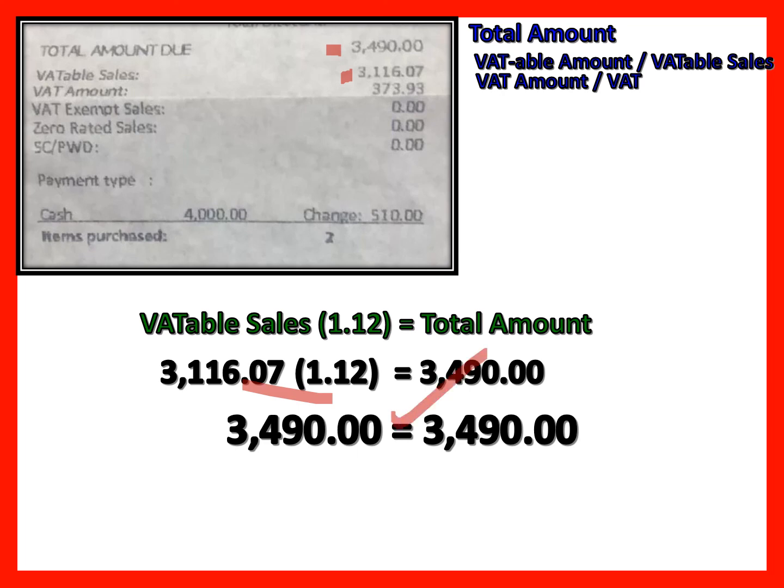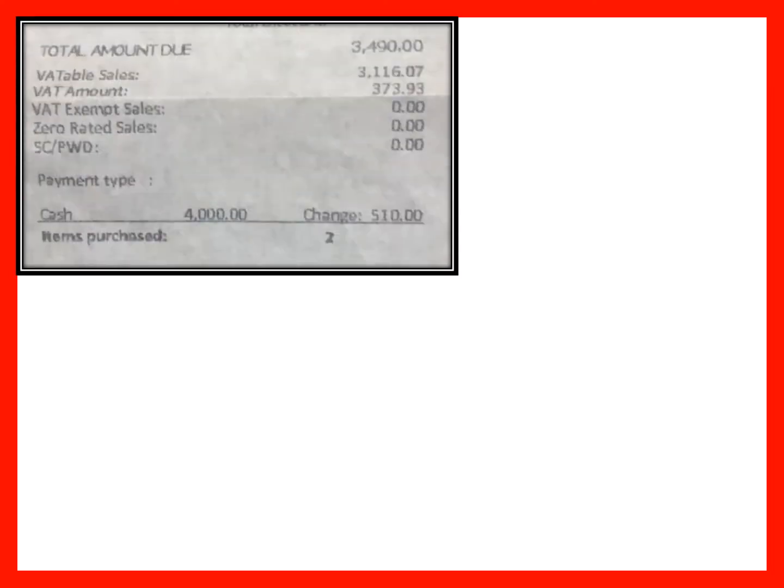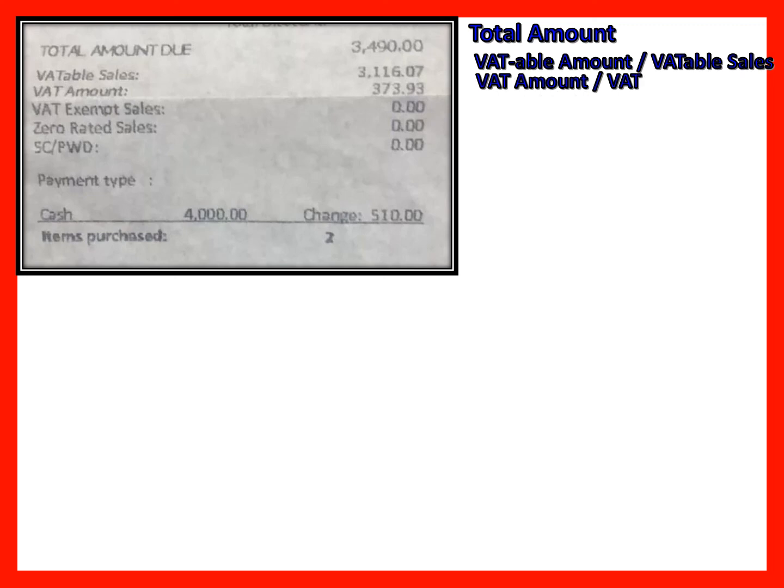Okay? Next, another solution from the same receipt. Again, this is the total amount, the VATable amount or the VATable sales, and our VAT amount or the value added tax. Okay?